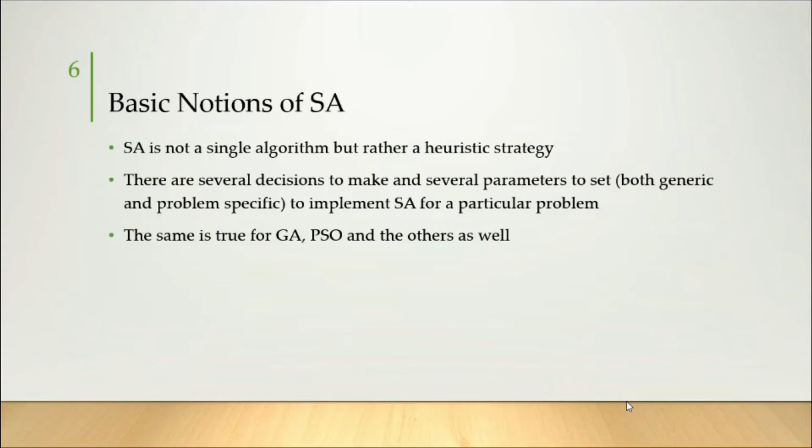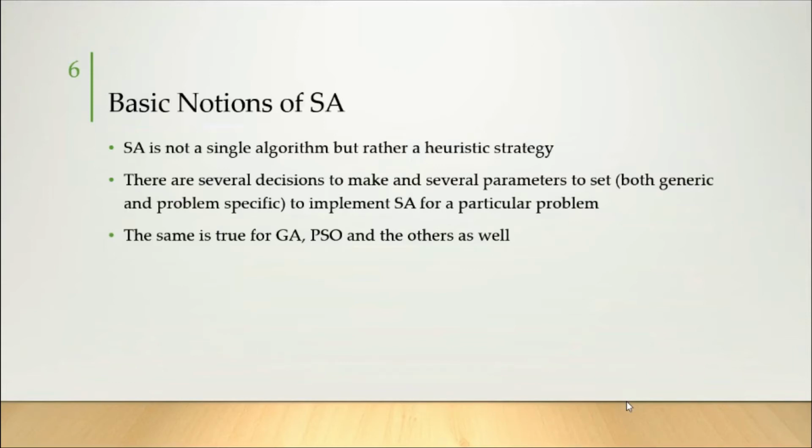If it is better, we accept it. In the case of simulated annealing, if it is worse, then we accept it with some specific probability. So any type of mutation operator can be incorporated into simulated annealing. That is why it is not a single algorithm, because for each mutation strategy there are different algorithms.